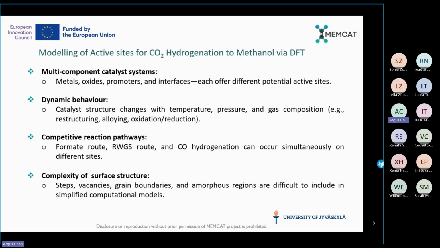This so-called formate pathway, which is dominating, as Annette said, but also the competitive reverse water gas shift reaction, which might lead to methanol or might lead to CO. And in addition to this, we could have steps, vacancies, grain boundaries, amorphous regions, and what shall we do with all this mess?